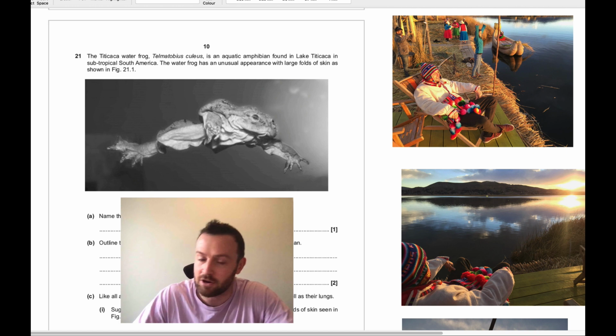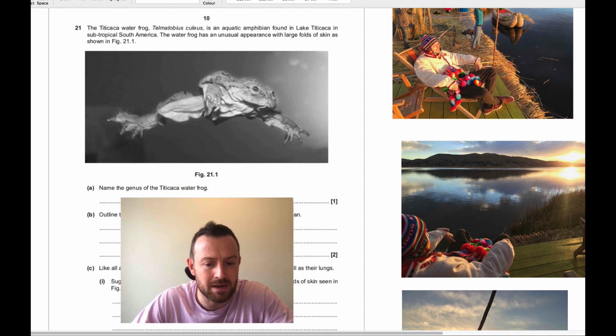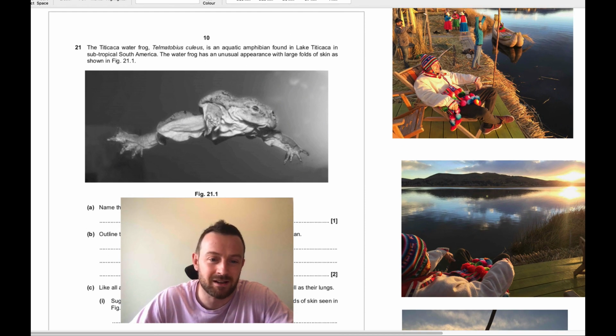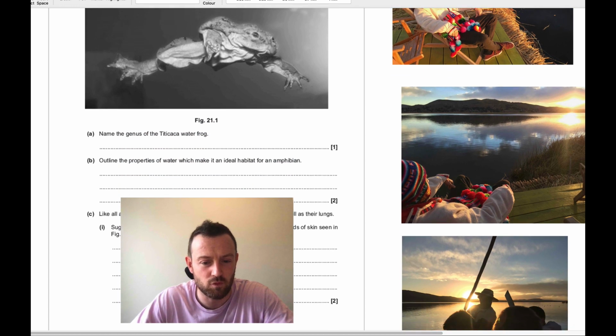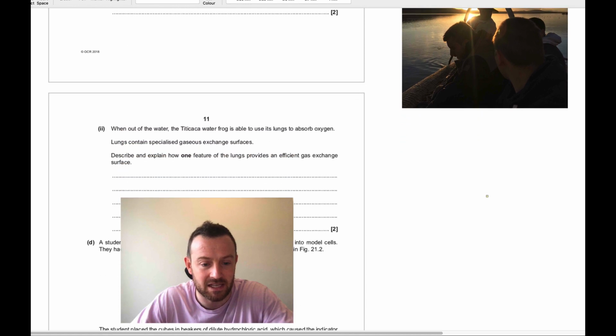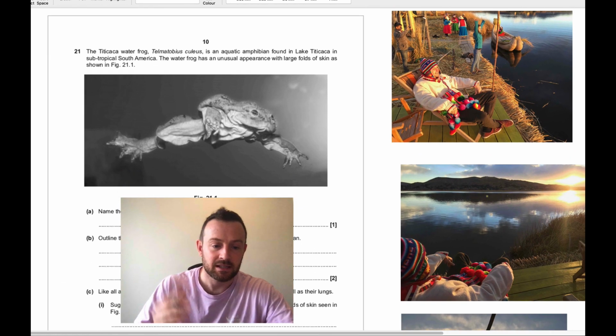The thing about Lake Titicaca is it's one of the highest altitude lakes in the world. It's actually at 3,800 meters altitude, and that information is sort of helpful for this question. They didn't really explain where this lake is, but the lake is at very high altitude in the Andes Mountains. Anyway, let's get into the question now.